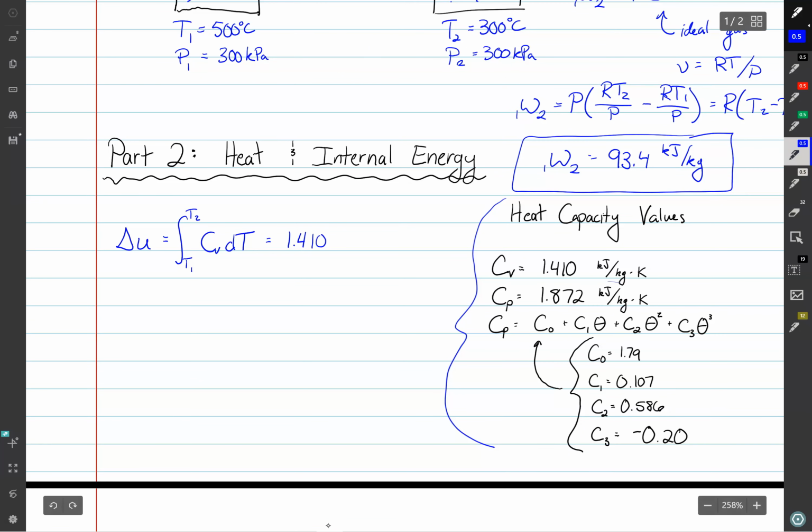We're going to be using Cv for this first problem. 1.410 kilojoules per kilogram Kelvin times delta T, 300 minus 500.